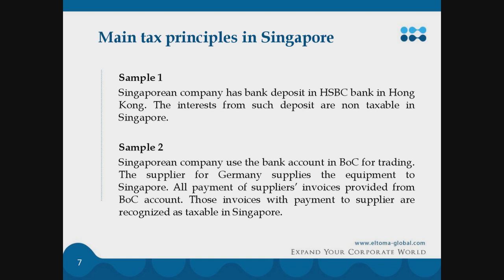But the supplier from Germany supplies the equipment to the territory of Singapore, and all payments of suppliers' invoices are made from Bank of Cyprus. So from the bank account opened in Bank of Cyprus, those invoices with payment to suppliers are recognized as taxable in Singapore. Income deemed to be received in Singapore.